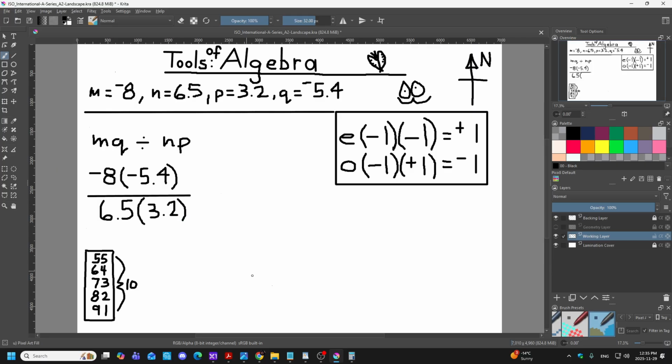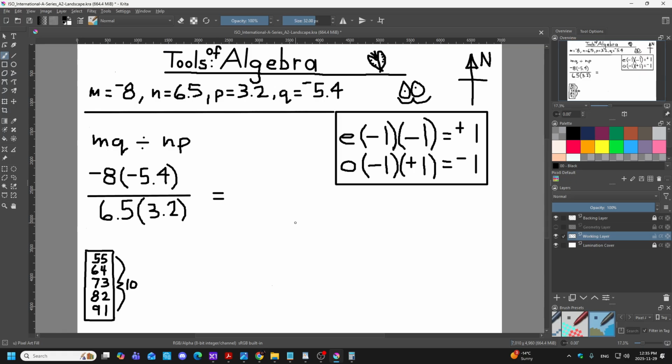This is what we really have, guys and gals, okay? Double checking. m, -8. q, -5.4. All divided by n, 6.5. p is 3.2. Okay. Looking at this, we have 1, 2 negatives. That's an even number of negatives.